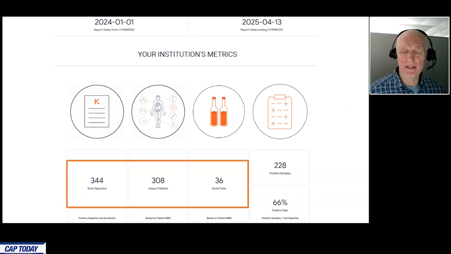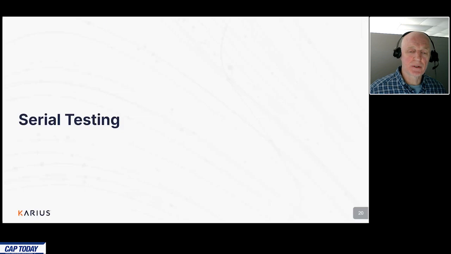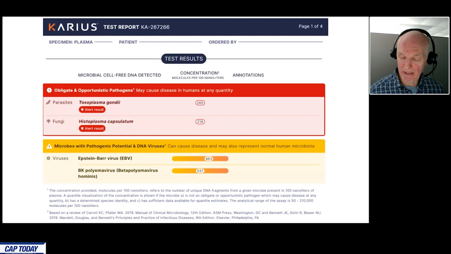There are select clinical situations where a follow-up test, the analogous situation of documenting clearance of bacteremia, is appropriate, but that's only 10% of the time in our experience. And I'm going to just share a couple quick cases that demonstrate the value of follow-up testing.